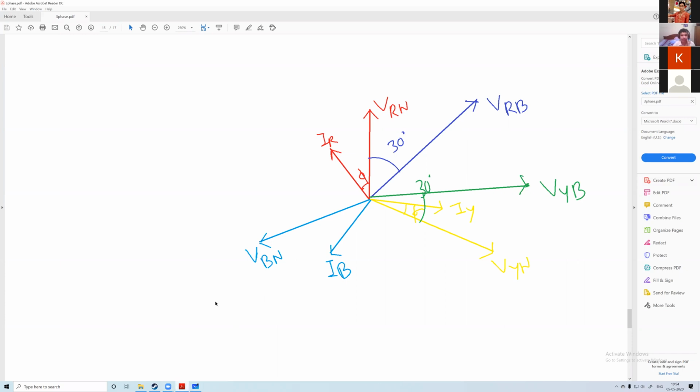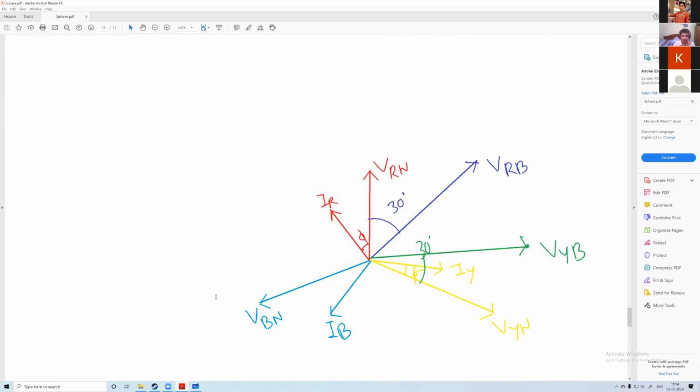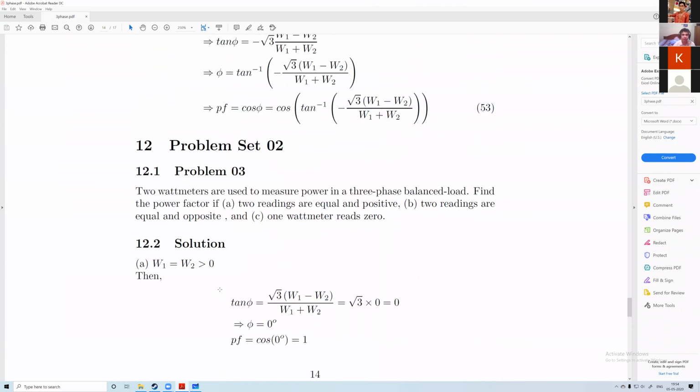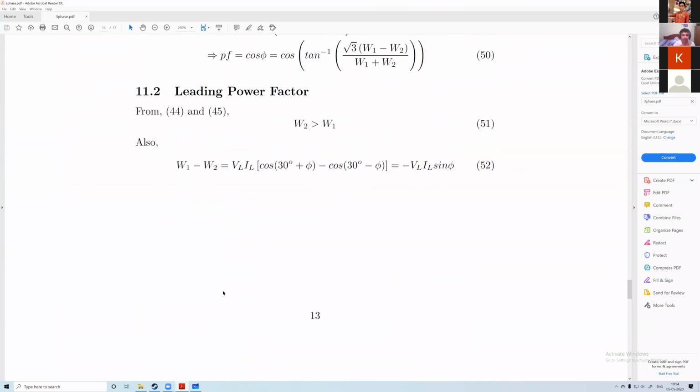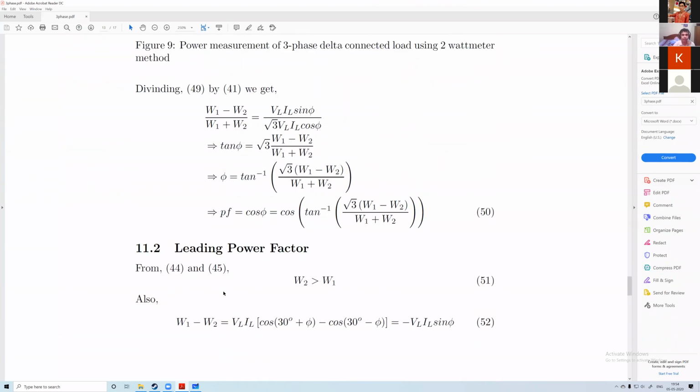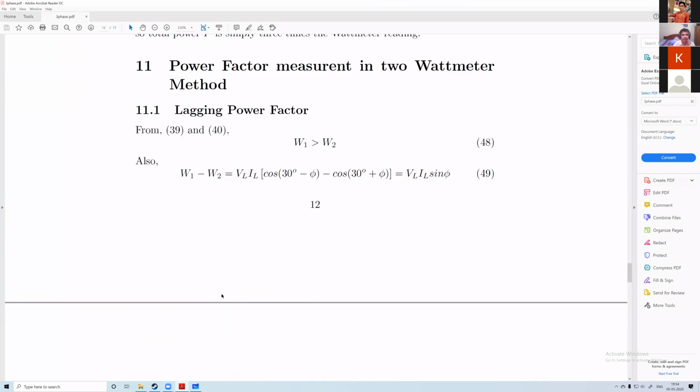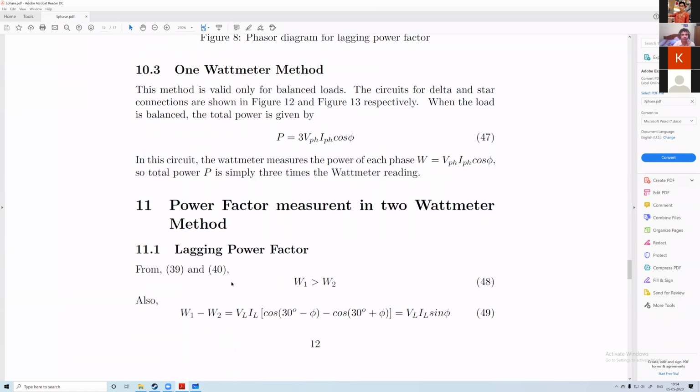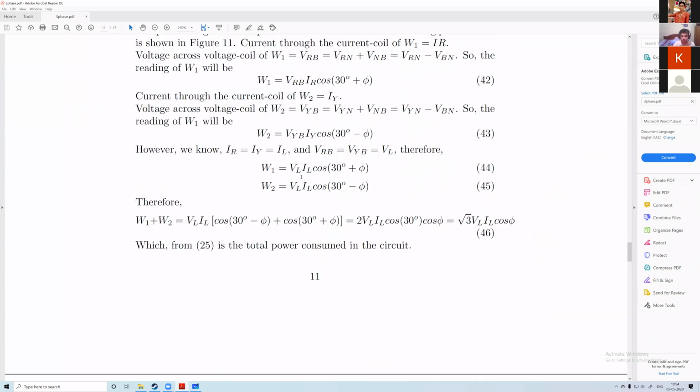So you see that the difference is simply that the readings are interchanged. Now W1 reads VL IL cos of 30 degree plus phi, and W2 will read VL IL cos of 30 degree minus phi. They have just interchanged. Okay. So the sum remains the same.